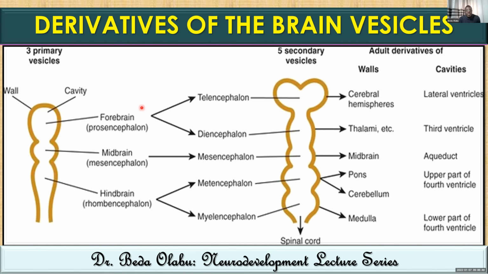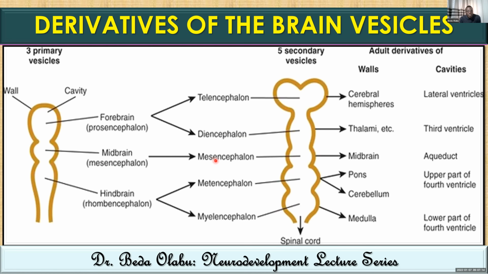This image captures much of this story. So the first image shows us the three primary brain vesicles: prosencephalon, mesencephalon, and rhombencephalon. The prosencephalon gives us two vesicles, telencephalon and diencephalon.